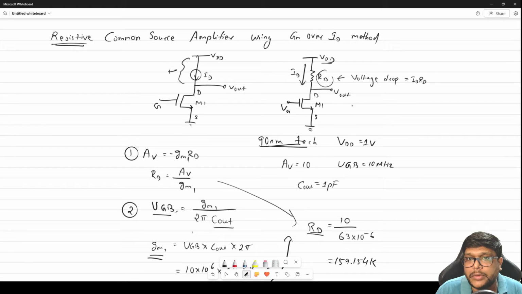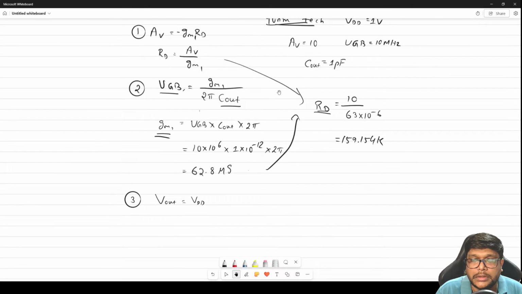After that much voltage drop, whatever you get is Vout. So Vout equals VDD. From the supply the current will flow and some drop will be there, and after that drop whatever remaining part is our output voltage.